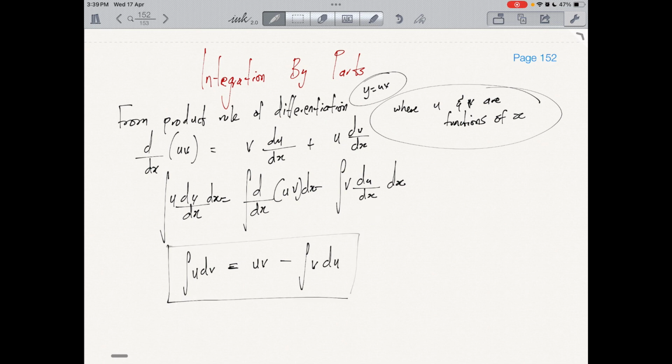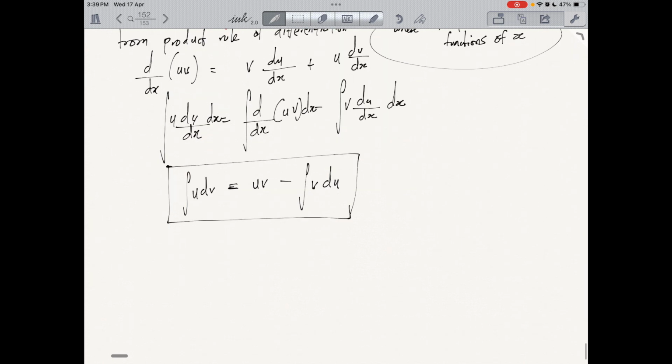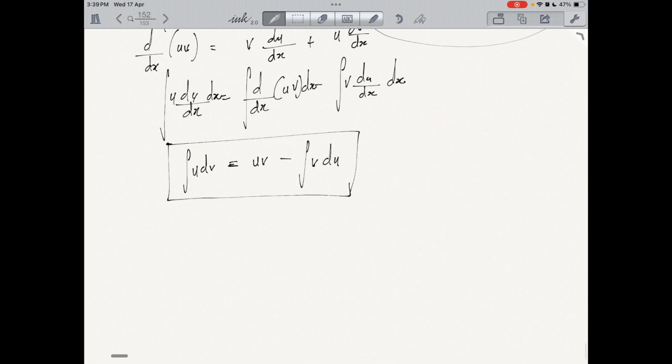This formula is known as the integration by parts formula, and it provides a method of integrating terms such as the integral of x exponential x dx, the integral of t sine t dt, and the likes, and the integral of x ln x dx.